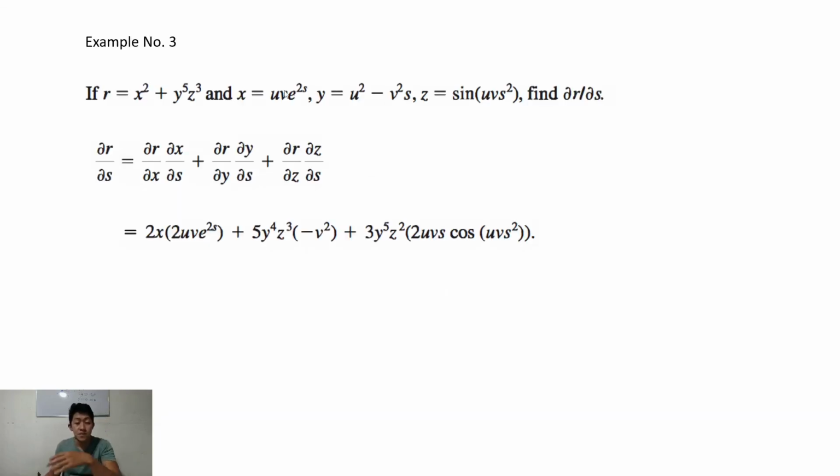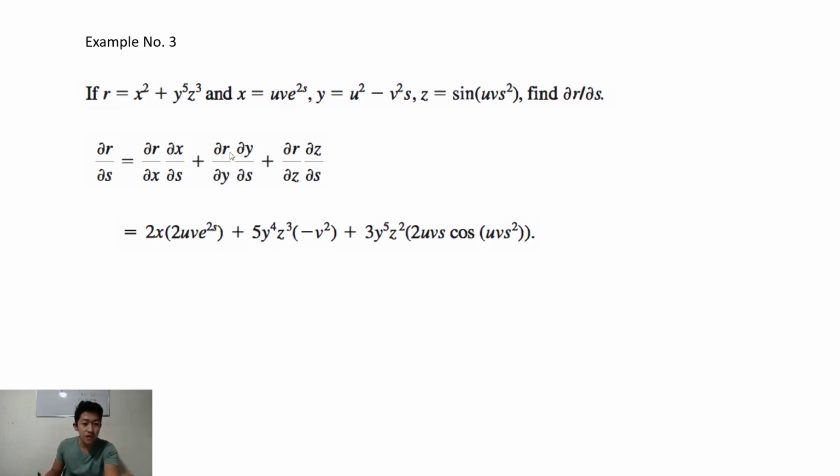Okay? So, imura din yung pang-differentiate. R with respect to x. So, with respect to x, ang answer ni 2x. Partial of x with respect to s. Constant ni. So, may maning 2uv e to the 2s.